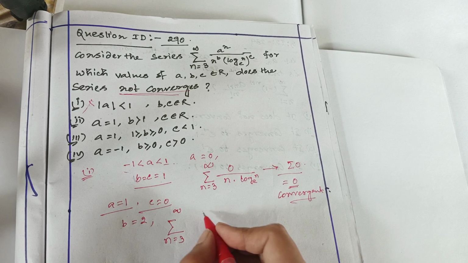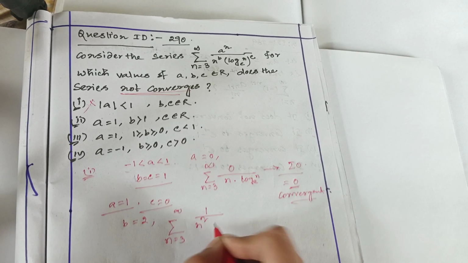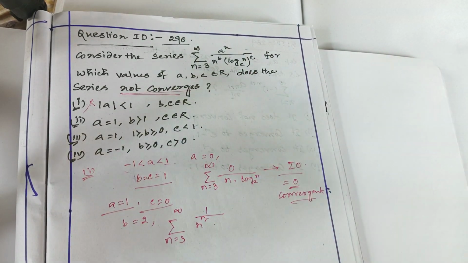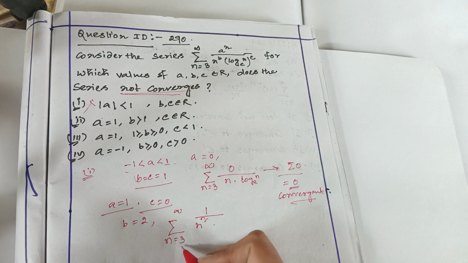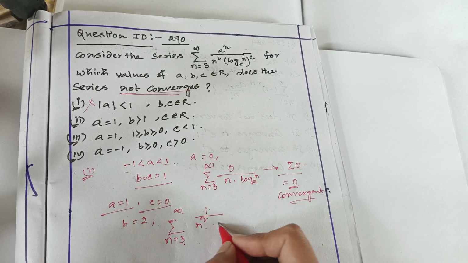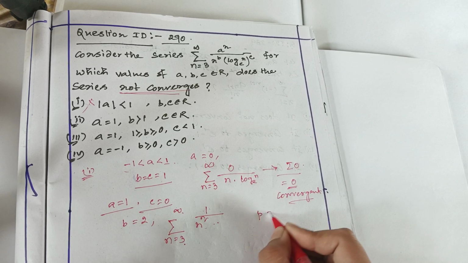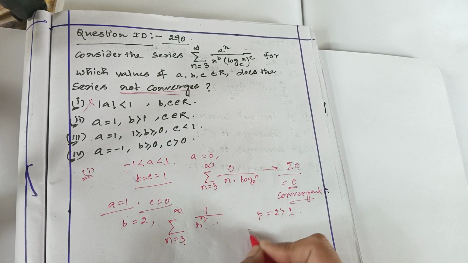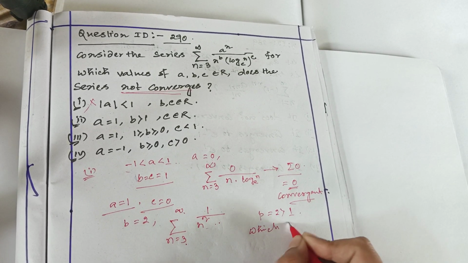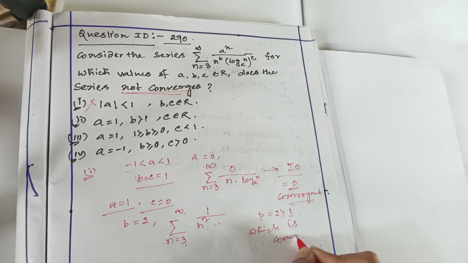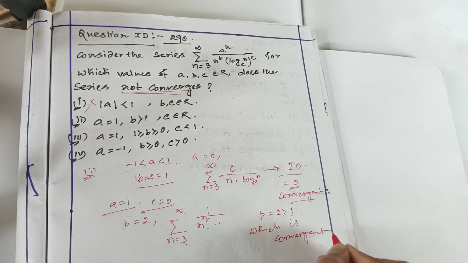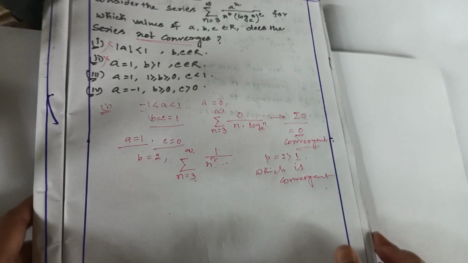Here a is 1, so obviously 1 by n squared, and log to the power 0 is always 1. That is summation of n equals 3 to infinity of 1 by n squared. By the p-series test, p equals 2 greater than 1, which is convergent. So obviously this option is also discarded. Is it clear to everyone?